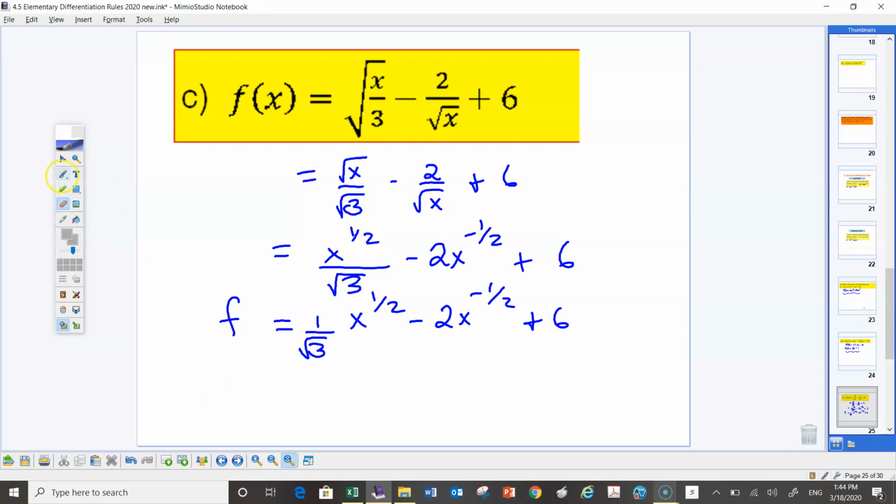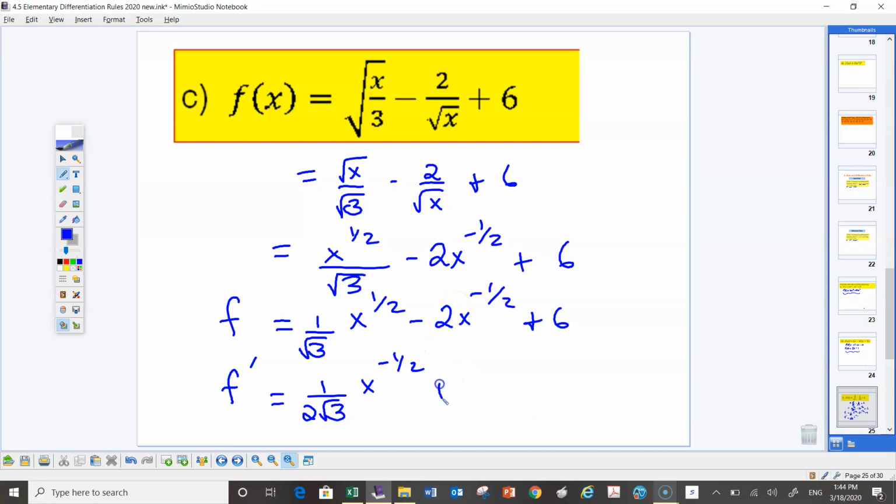Okay, so f prime is going to equal, the 1/2 comes out front, and a 1/2 times 1 over root 3 is going to be 1 over 2 root 3, and if I subtract 1 from 1/2, I get negative 1/2. I bring my negative 1/2 out front.